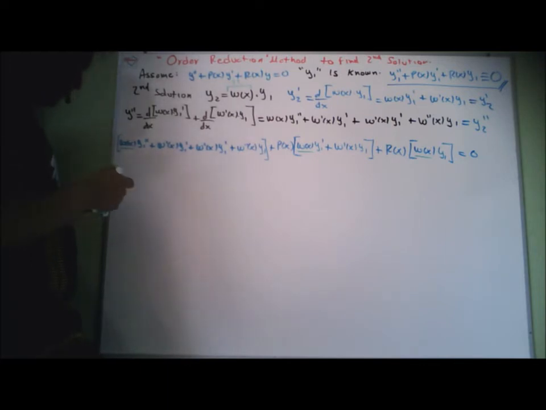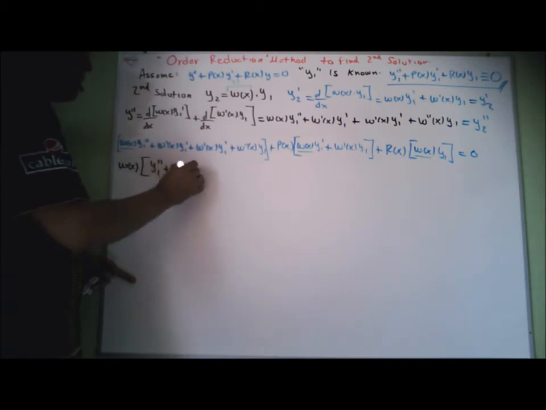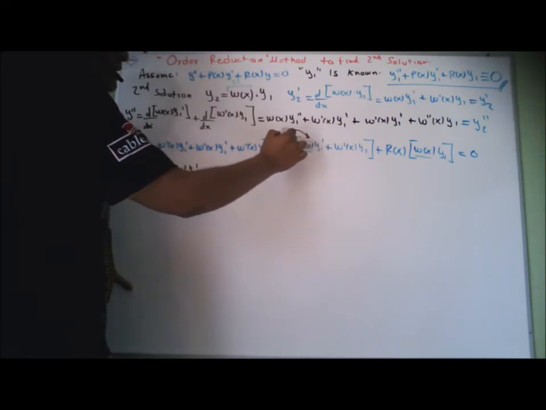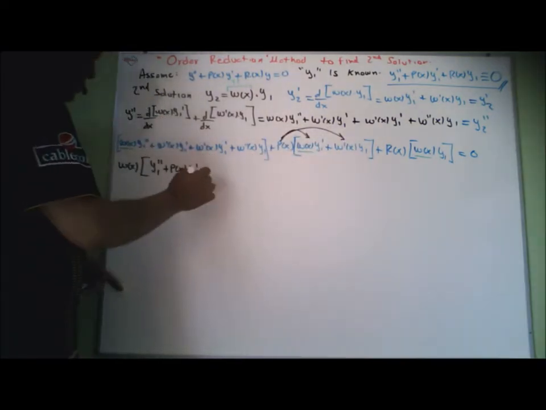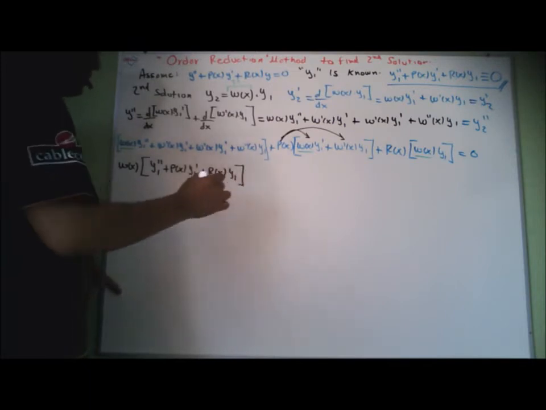Okay, so I'm going to factorize w of x times my first solution, second derivative here. If we factorize it from here, it's going to be plus p of x y1 prime, because remember this p of x times this and times this, and then plus r of x y1, and that's it.